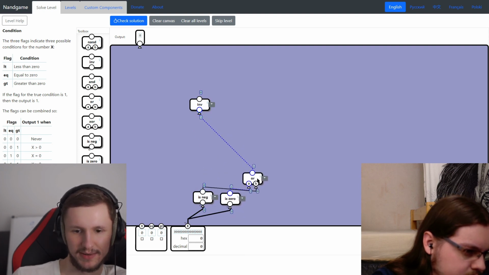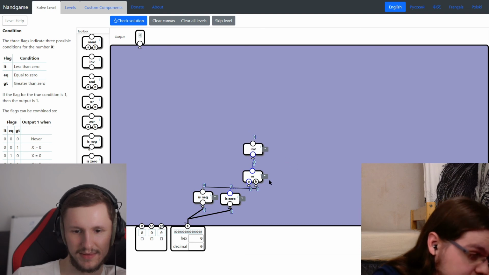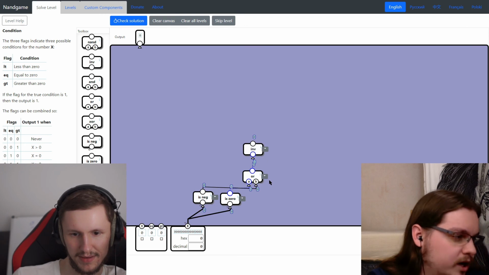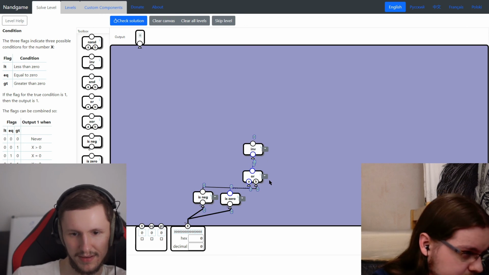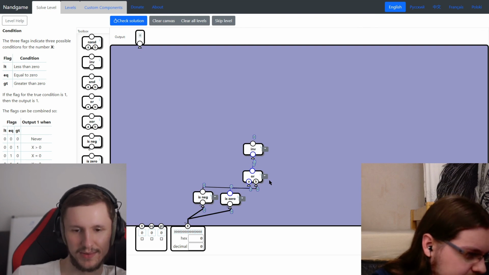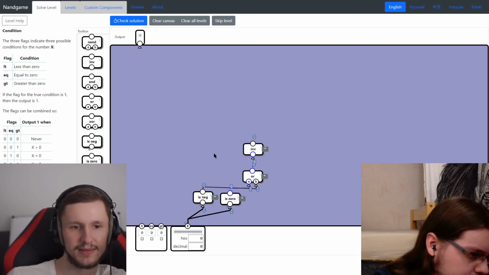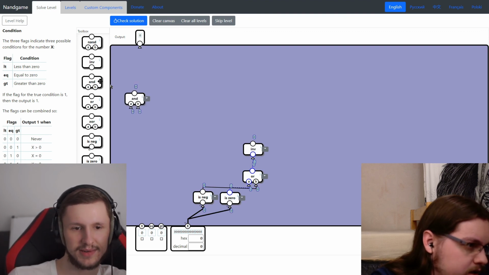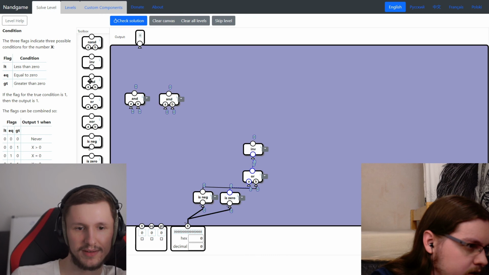Yeah, I think that's better. And then we have the 3 actual conditions, and it should output 1 if the flags match. That would just be 3 ANDs and 3 ORs to then combine them together.